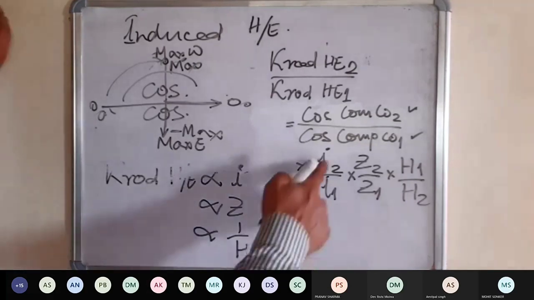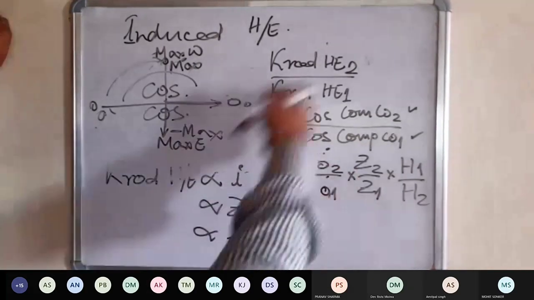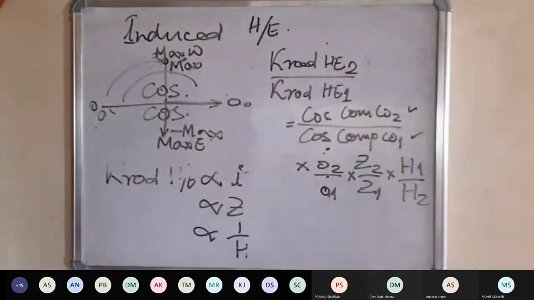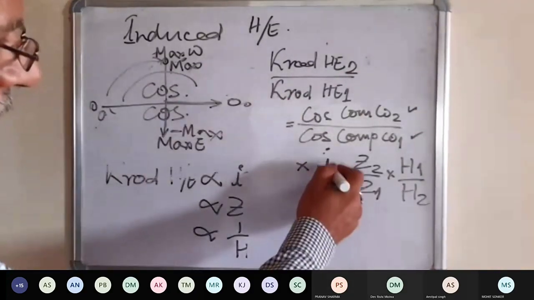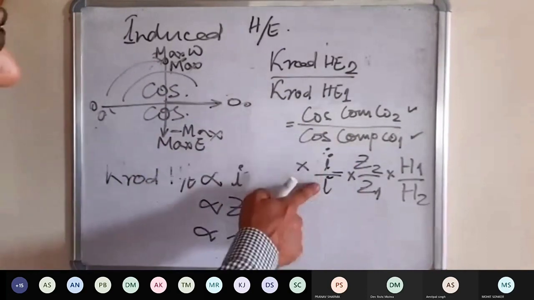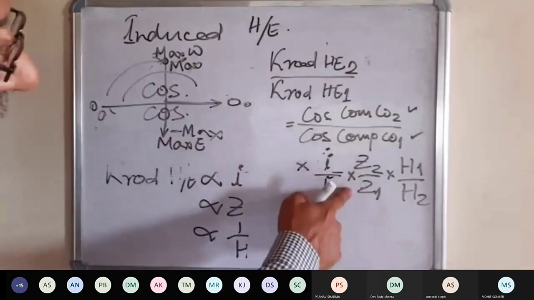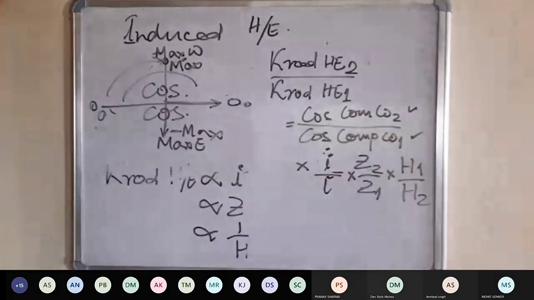In this case, if we have 0 healing errors or 0 heel, the whole thing becomes 0. No K rod healing if there is no heel. If there is some kind of heel, then how much of Z is there? Uska opposite, how much of H is there?